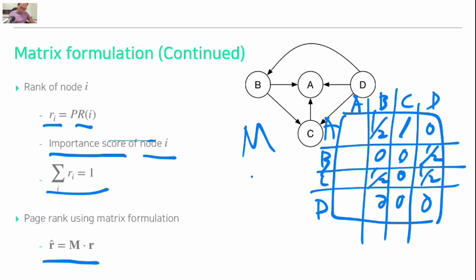We don't have an outgoing link, so let's assume it has some link toward D.